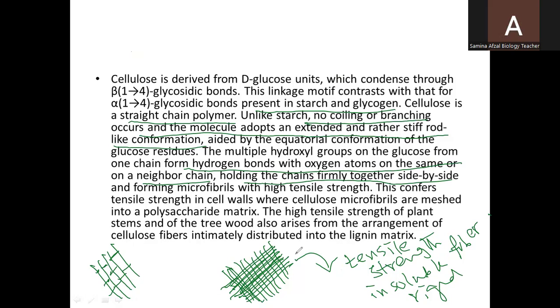So in this way, the cellulose molecule is highly rigid, which gives a proper shape to the plant cell, protects it, helps it maintain its shape, and keeps the plant in the upright direction. So this is a very important type of polysaccharide molecule.